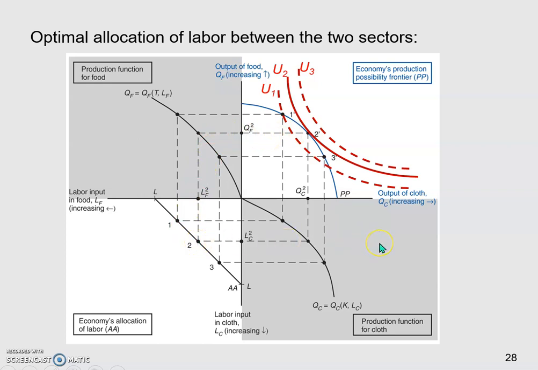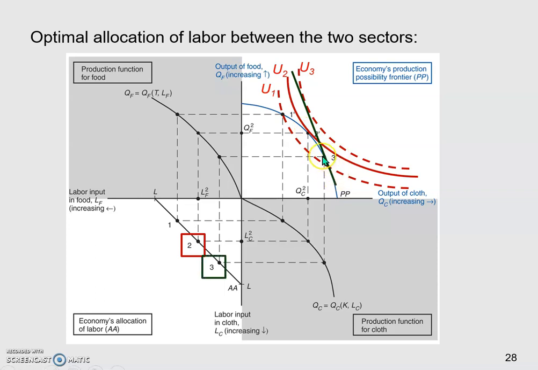Now suppose here, because of the trade, the relative price changes. So the optimal allocation of labor between the two sectors is no longer at 0.2. Instead, what we find is, this economy would like to produce more cloth and less food. So we're moving from 0.2 here to 0.3 down here along the PPF.